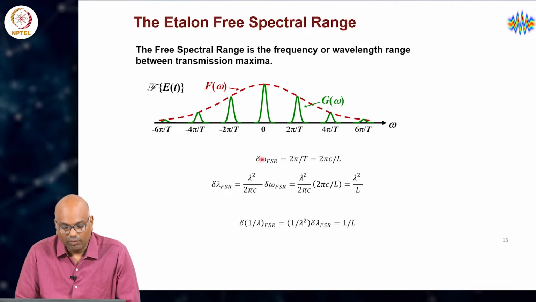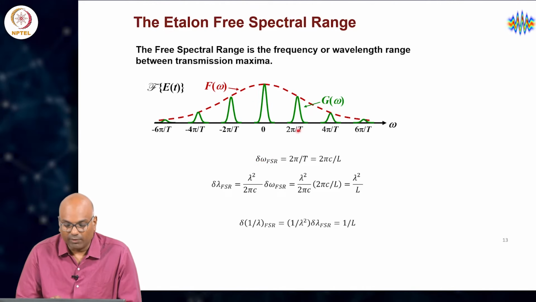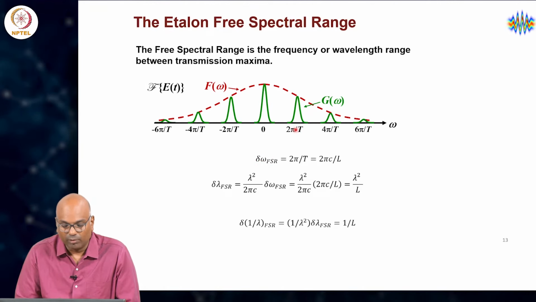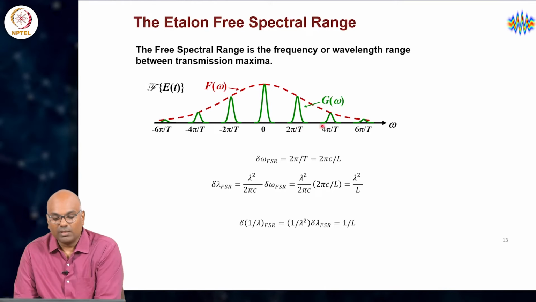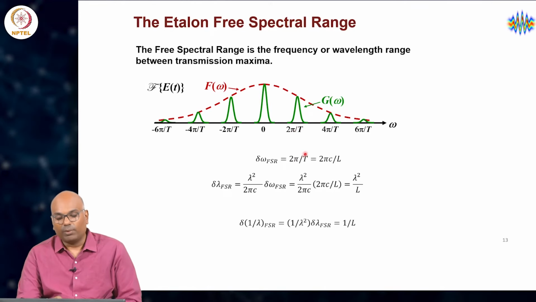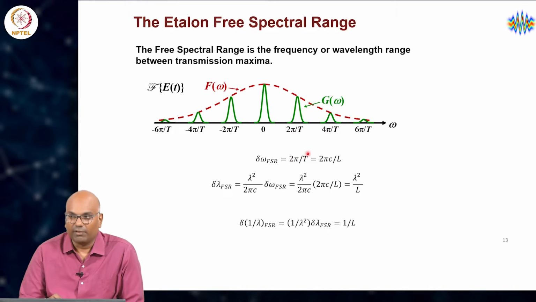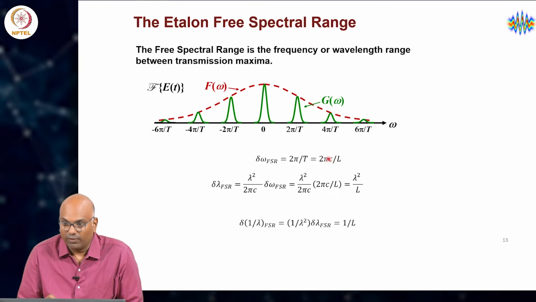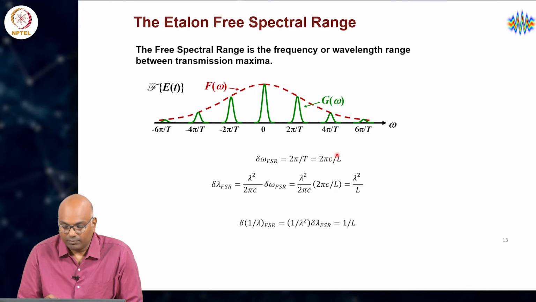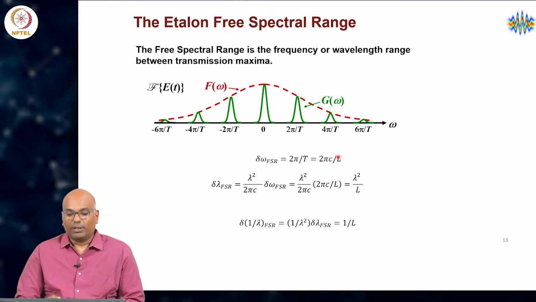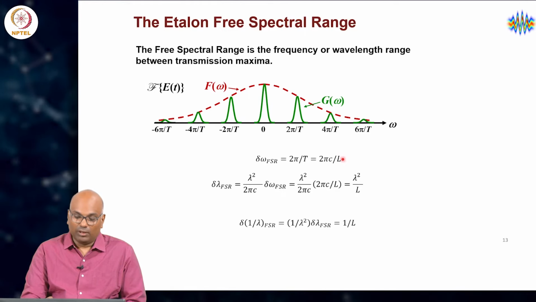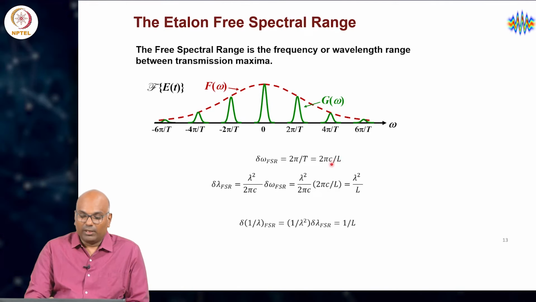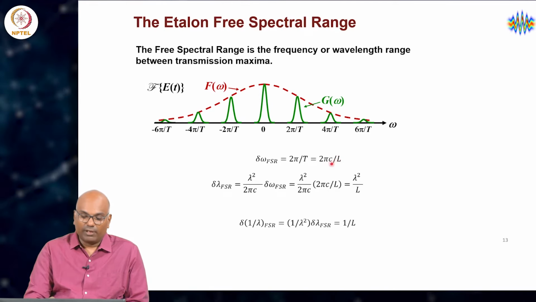Delta omega, the free spectral range, we can read off from this: on the omega scale, successive peaks are separated by 2 pi divided by T, T being the cavity round trip time. T is nothing but the optical path length for a whole round trip divided by the velocity of light, so that is 2 pi times c divided by L.